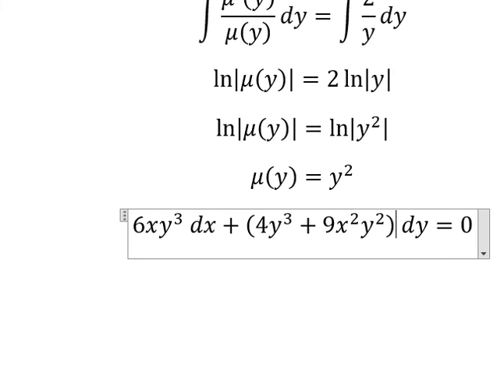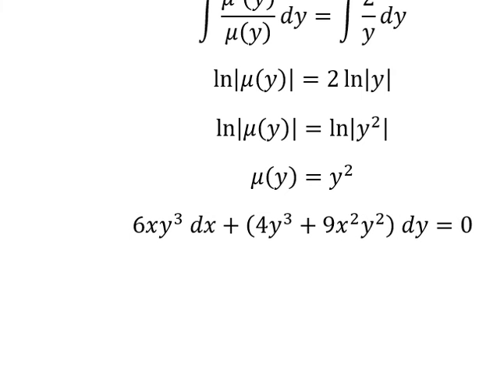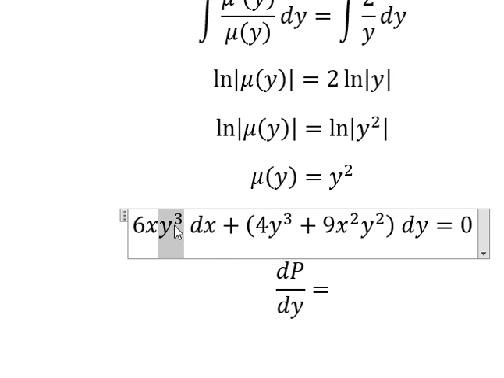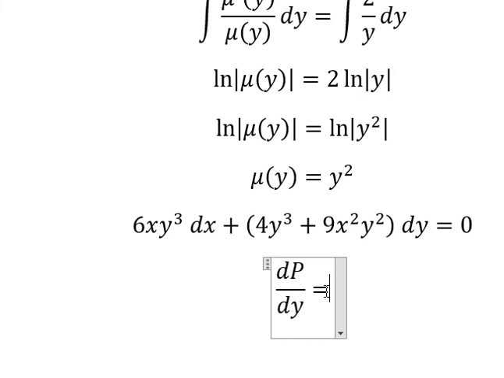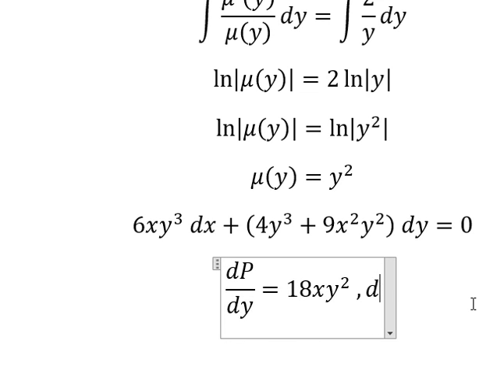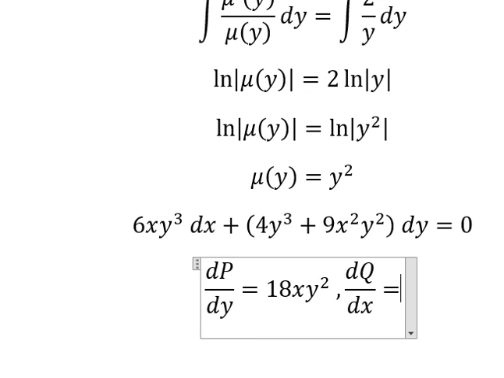Now, if we go back in here, this one is about ds. So we do the first derivative of P with respect to y. First derivative of y to the power of 3, we have 3y squared and we have 18sy squared. The next one, that is about the s.